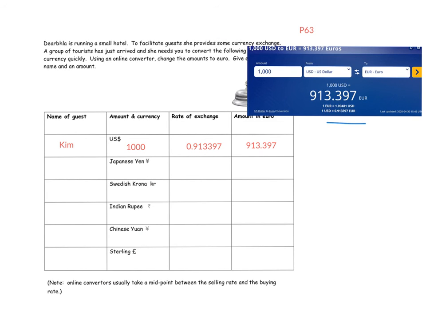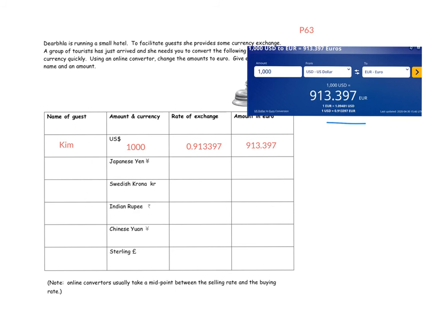Okay, and this is the last page before the key assignment 63. Now you need to fill it in on your own. Basically, it's about a person who is running a small hotel and she has a currency exchange. You have a few guests.